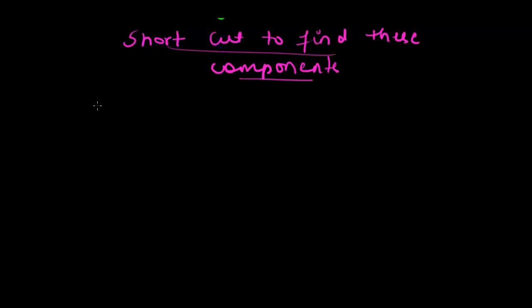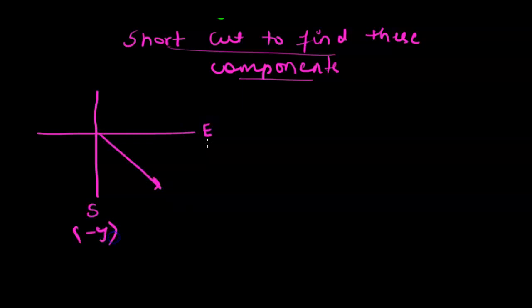All you have to do is, if you're given a vector, let's say here, this is south, this is east. South is negative y, east is positive x. This vector is given to us as, let's say, 5 centimeters, and we're given this angle to be 34 degrees. So always remember, when we are finding components, we always multiply the cosine of the angle with the magnitude of the vector to get the component on which the angle is lying.